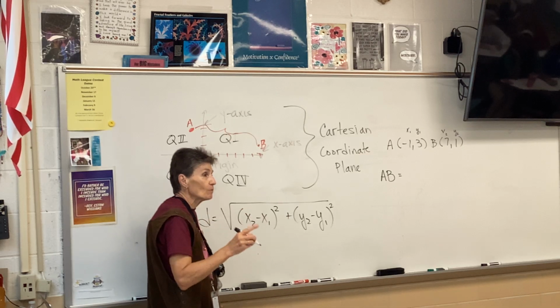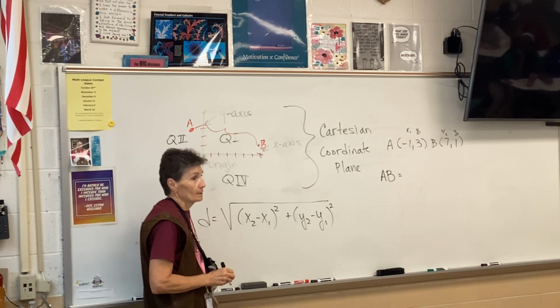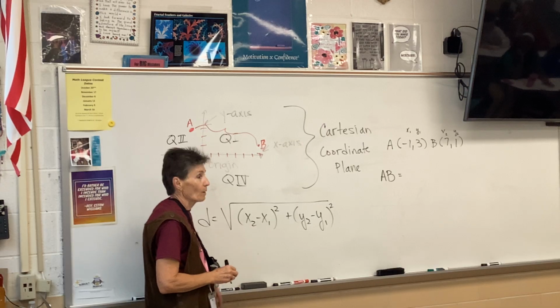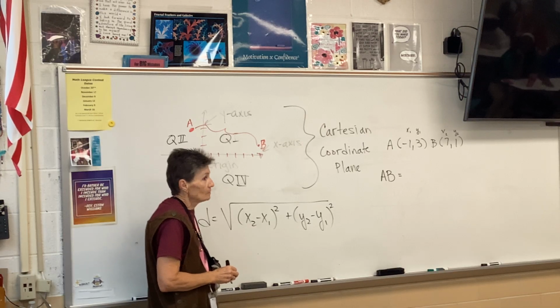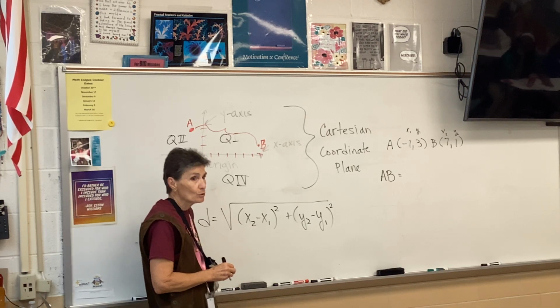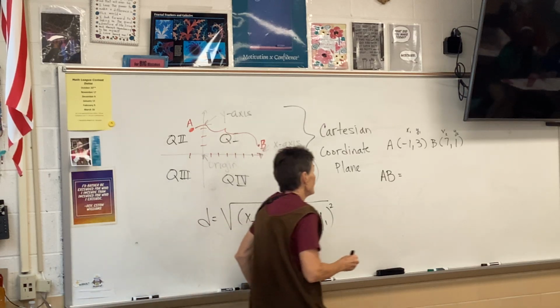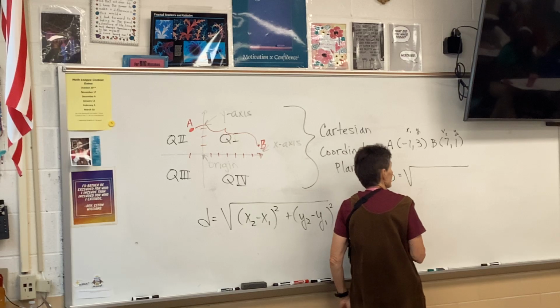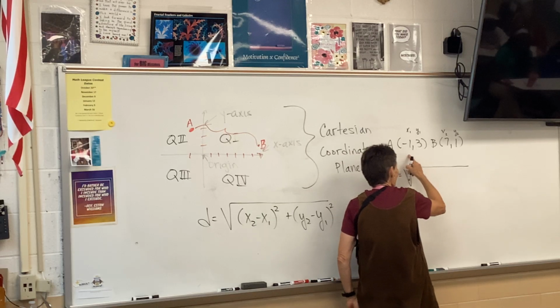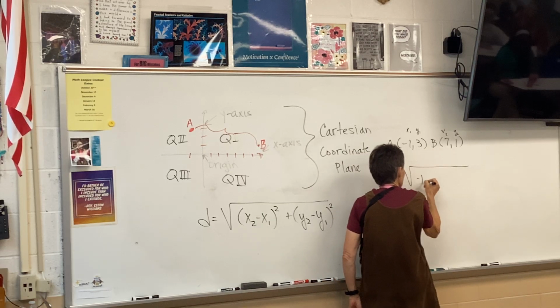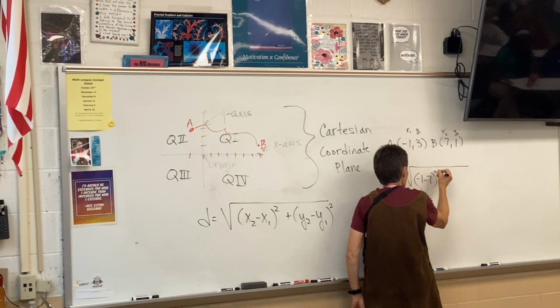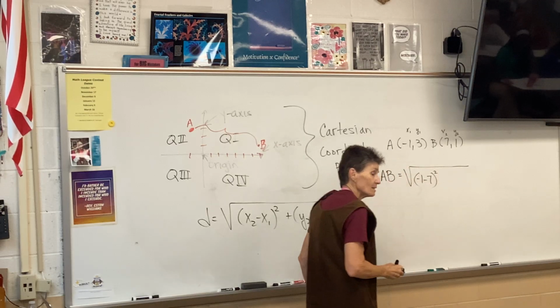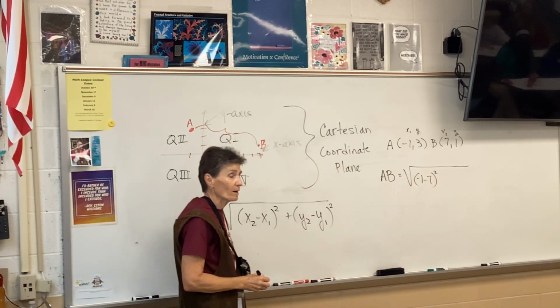Nobody ever in your life is going to ask you to write the distance formula. They're going to ask you to use the distance formula. So basically, what you need to remember is that you're going to subtract your x's, and it doesn't matter what order you subtract them, because you're going to be squaring.